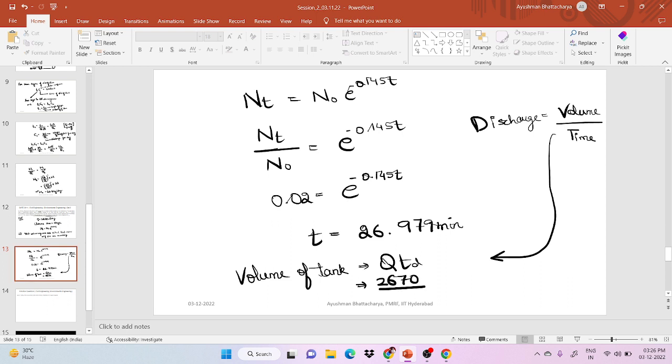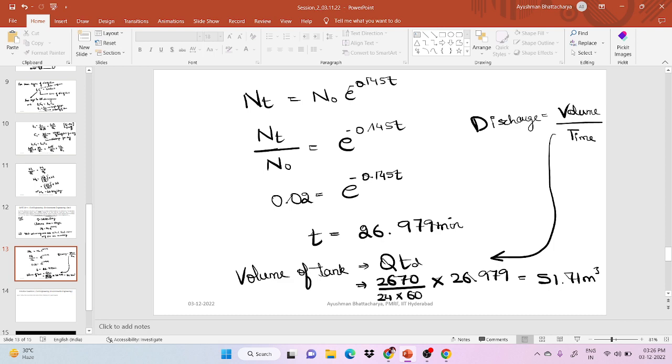Per day means 24 hours, so I have to convert per day into minutes: 24 hours, and 1 hour is 60 minutes, into time. This is also in minutes, this is also in minutes, so minutes will get cancelled and only meter cube will come out as the final unit. If you solve this, you will get 51.71 meter cube.